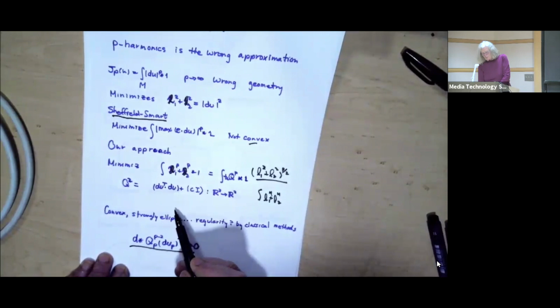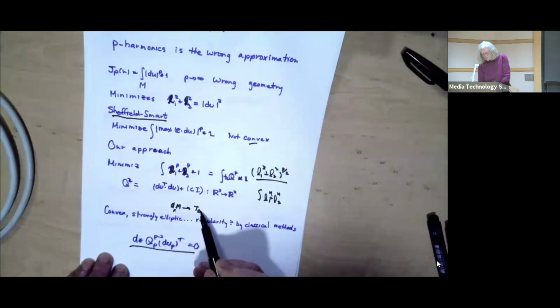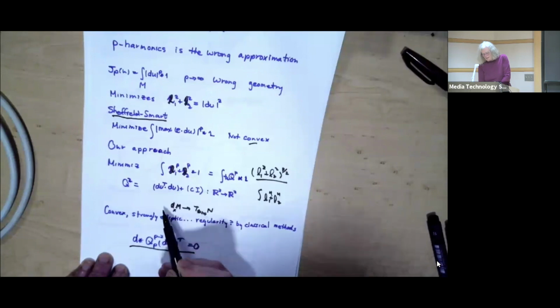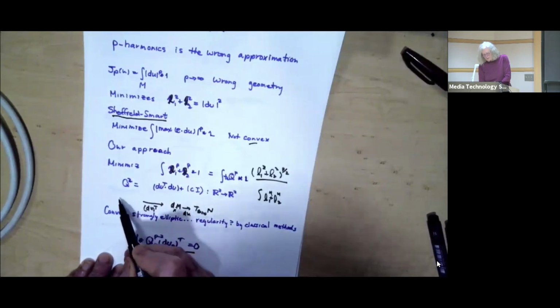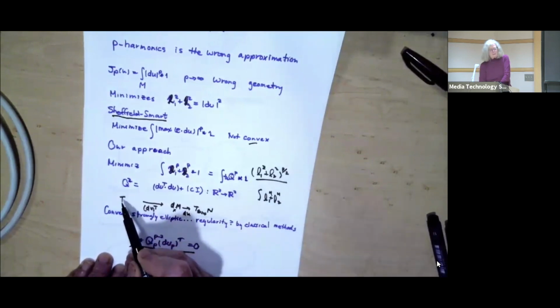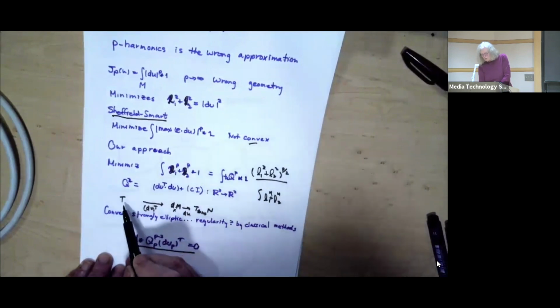So du goes from the tangent space of M to the tangent space of N at u of x, and the transpose of du goes from the cotangent space, but we identify the cotangent space with the tangent space, so you could do this in Euclidean space.